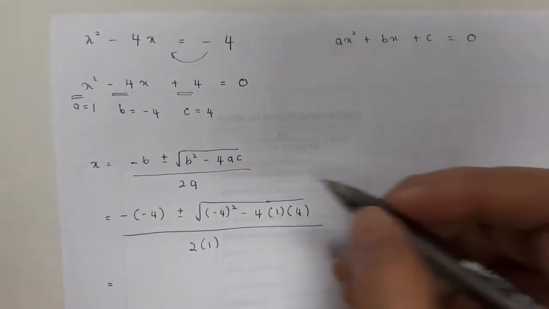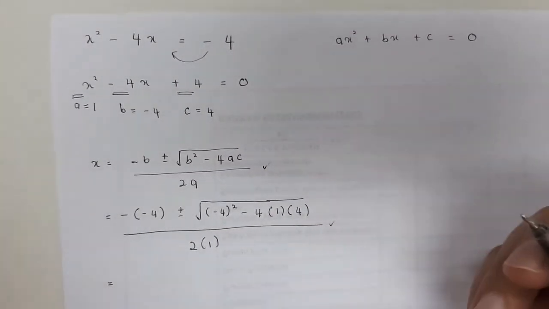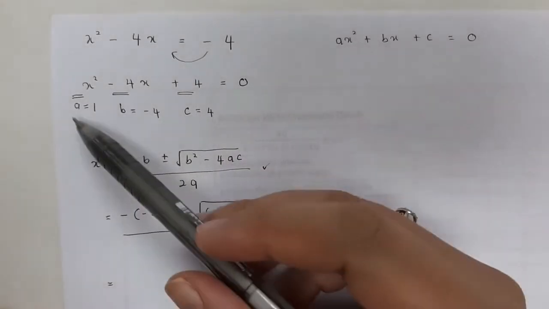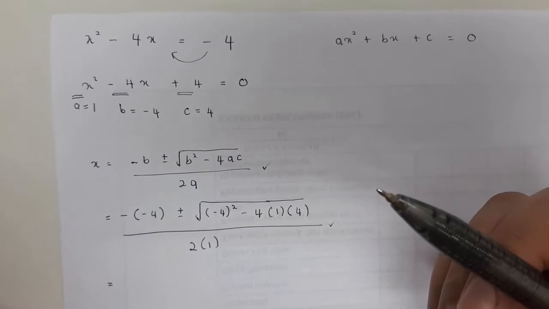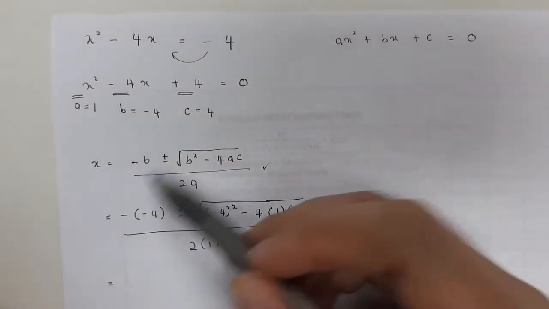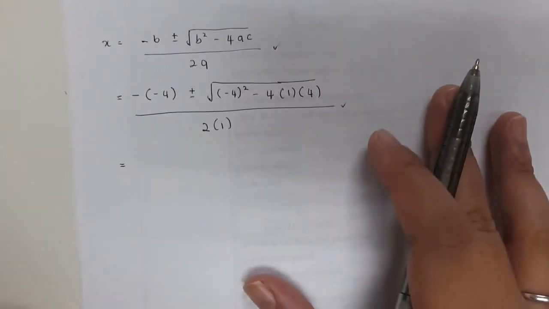Okay, so we have written down the formula. We have substituted all the values that we know: A equal 1, B equal negative 4, and C equal 4. So now it's time for us to simplify and try to find the values of x.